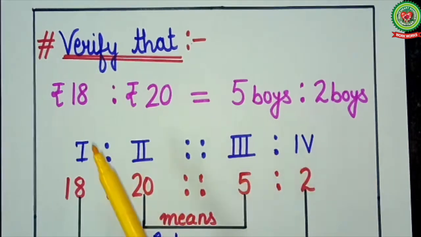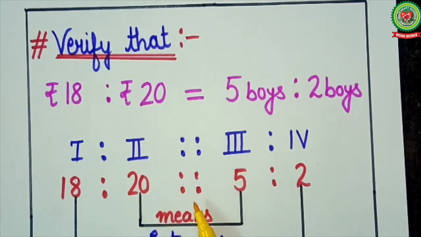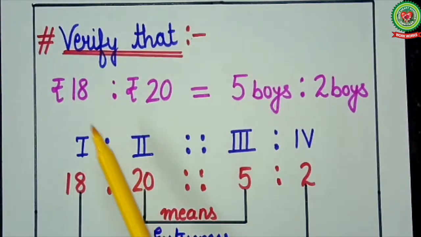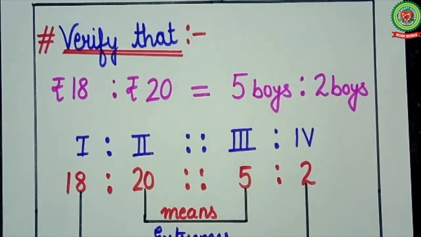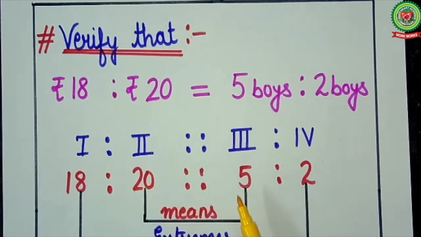Put the values 18 ratio 20 as 5 ratio 2. Now we have not written units here because as we know, if both sides units are the same, we will not write units. Now which are the middle terms? 20 and 5. So 20 and 5, these are means.